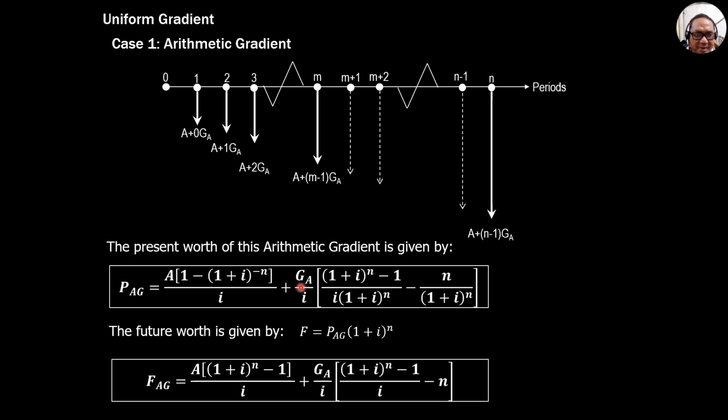If you don't want to memorize this formula, then as recommended earlier, we have to project each payment by dividing by 1 plus I to the power n, where n is the number here, the period here.